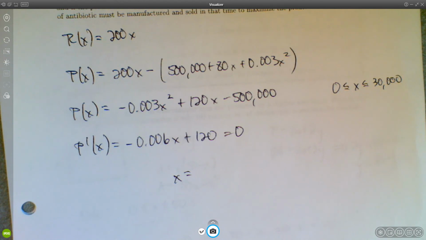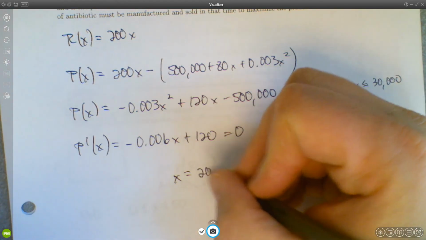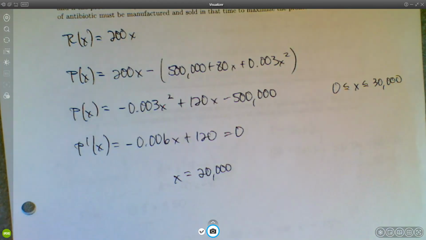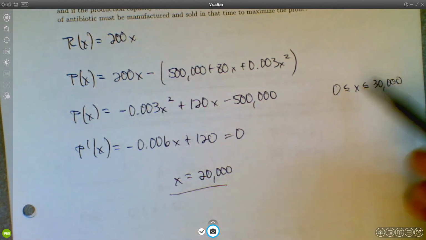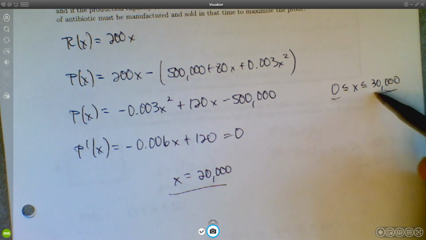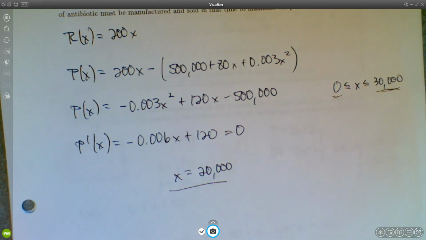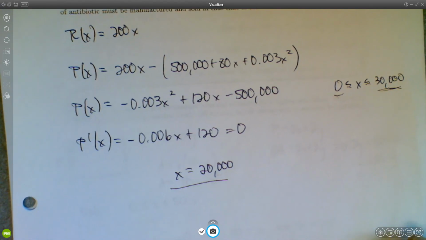That's 20,000. Okay, so now I'm going to check this and the endpoints of the interval I'm looking at to see which of them is the maximum.